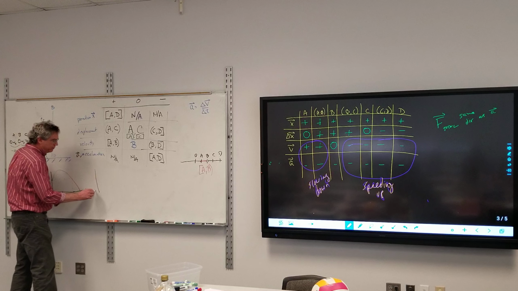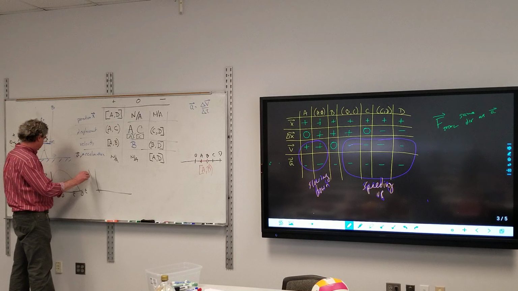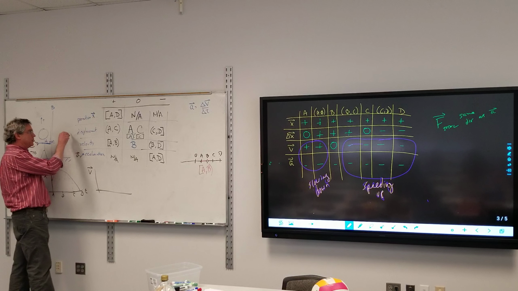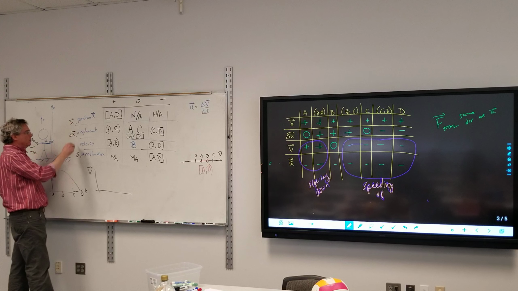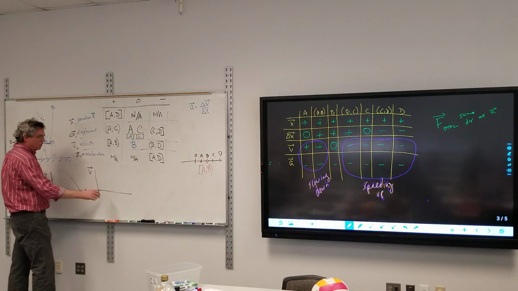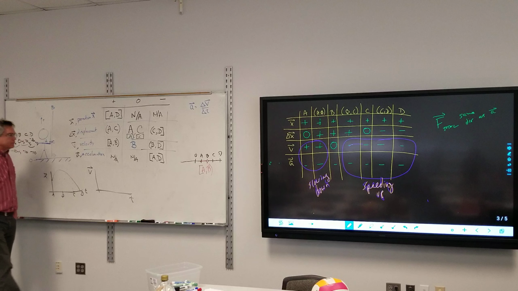My velocity graph. I skipped displacement, we'll come back to that. Let's put the X there. My velocity starts positive.